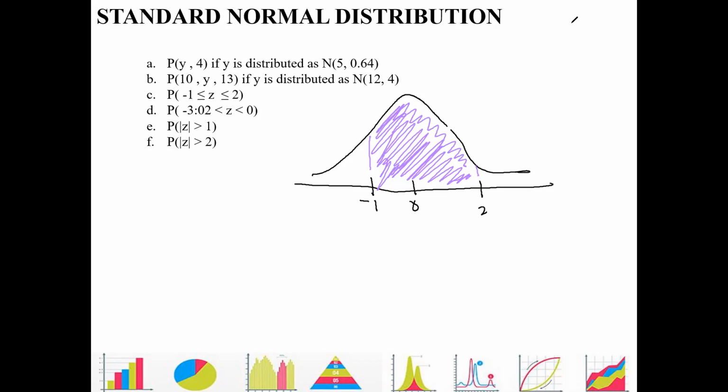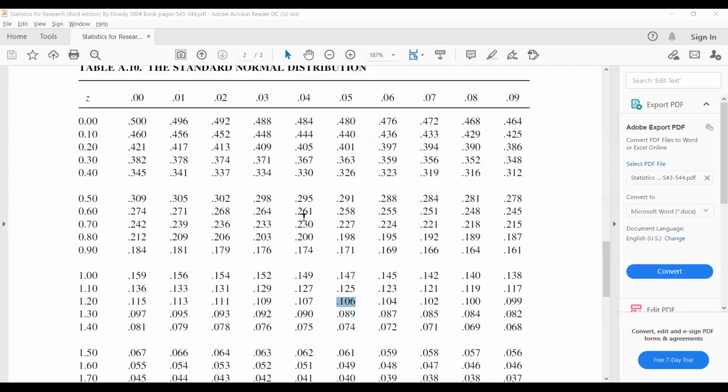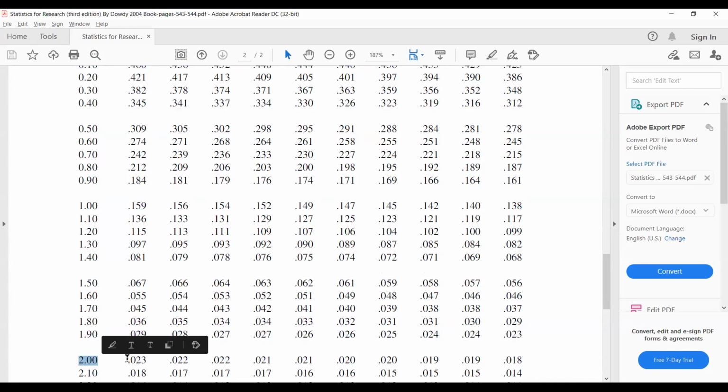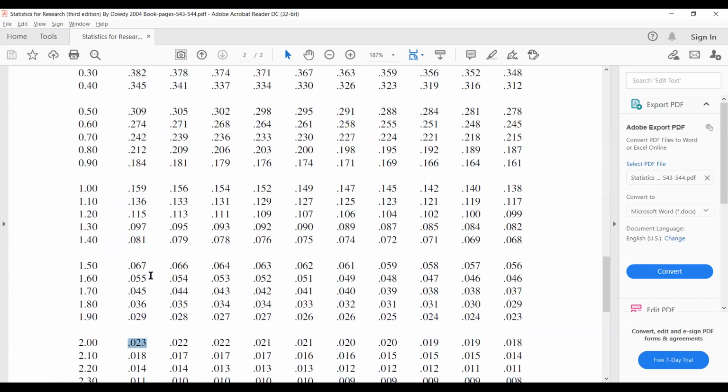Okay. So, balik tayo sa table. Wala tayong makukuha negative 1 dito. Instead, we are looking for positive 1, which is ang value is 0.159. And then, yung 2 natin na 0.023. Nakatapat kasi siya sa 0, ibig sabihin, 2.0 lang siya. So, tandaan natin yung value.